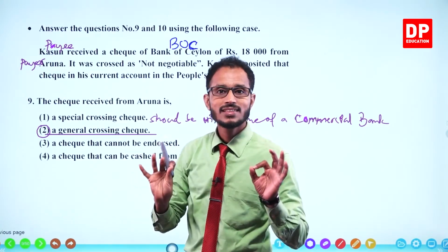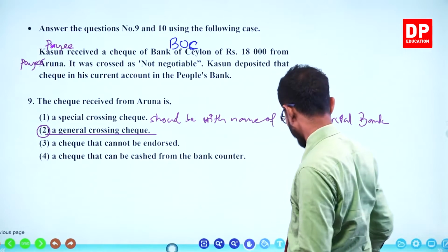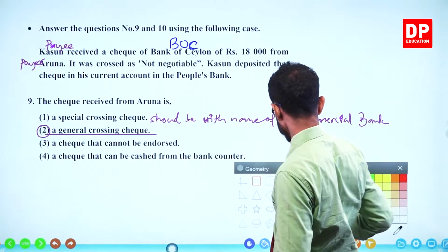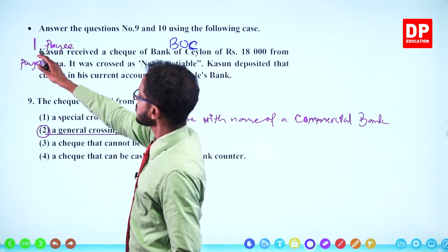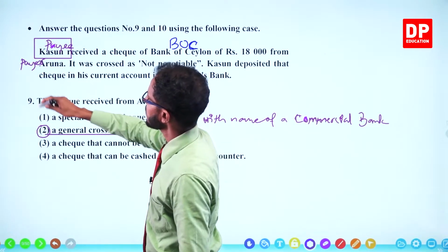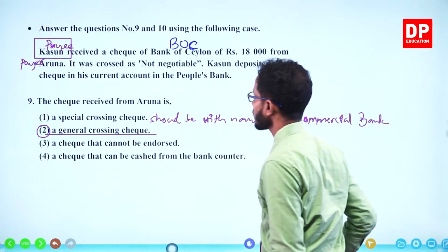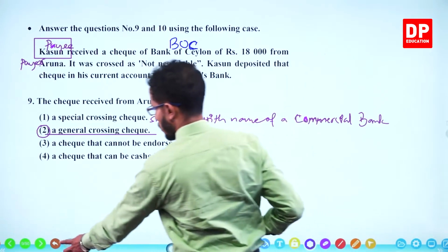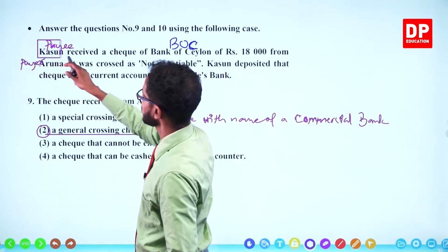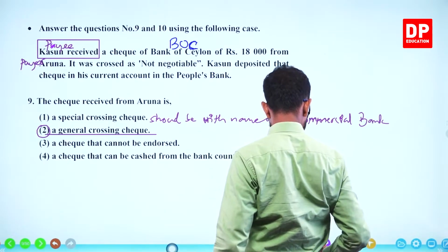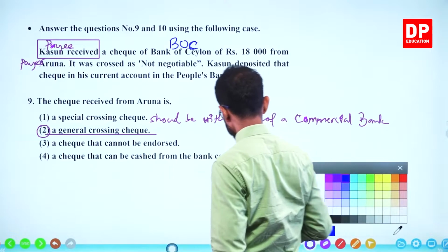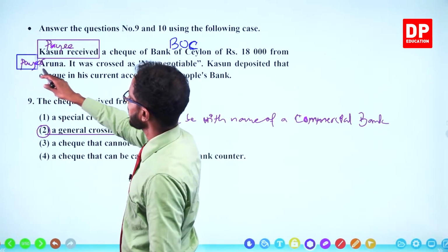We know Kasun is the payee. We already marked that. And we know Aruna is the payer.